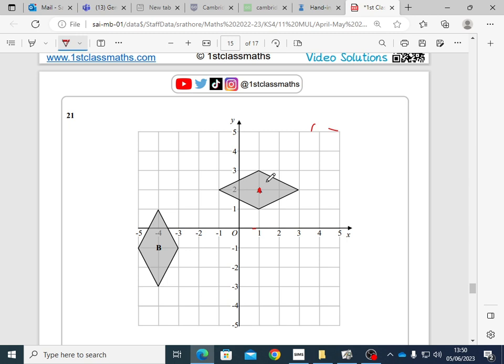So from here, instead of going step 1, you go up step 2, because you use enlargement by 2. Instead of 2 there, you go 4. Instead of 2 there, you go 4. Instead of 1 there, you go 2. And that's going to be your enlargement by scale factor 2 of this shape A.